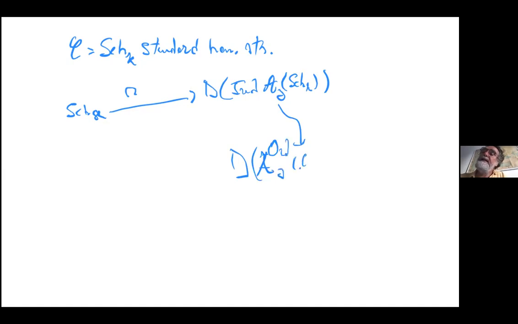But in this case, it is not the correct one. So this is not enough to get a cellularity. This projection here doesn't give a cellular complex. It's not enough.